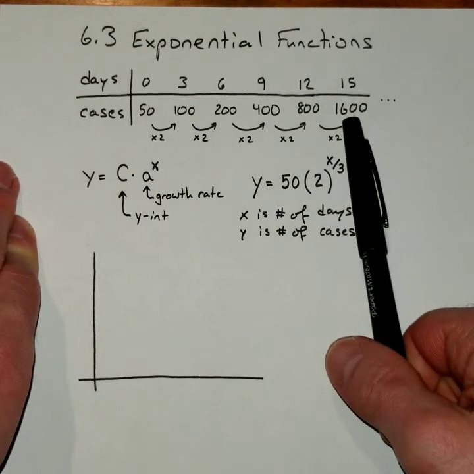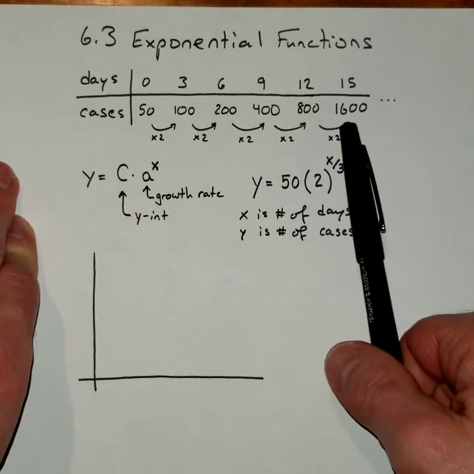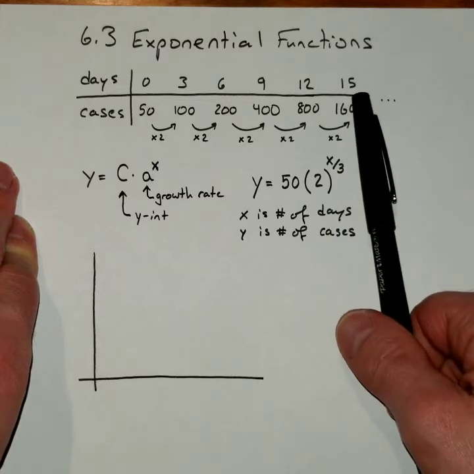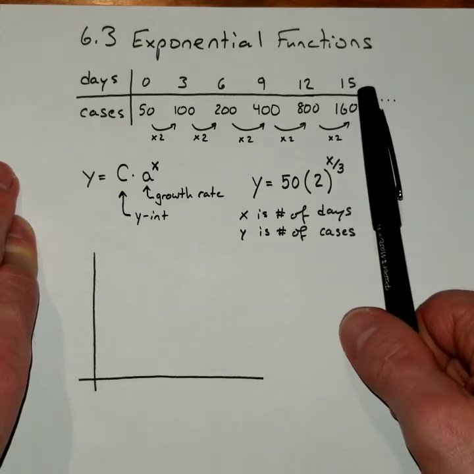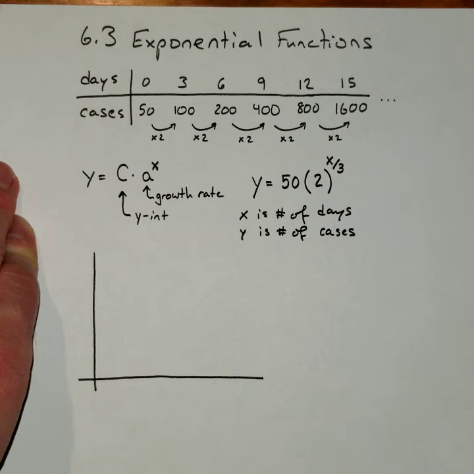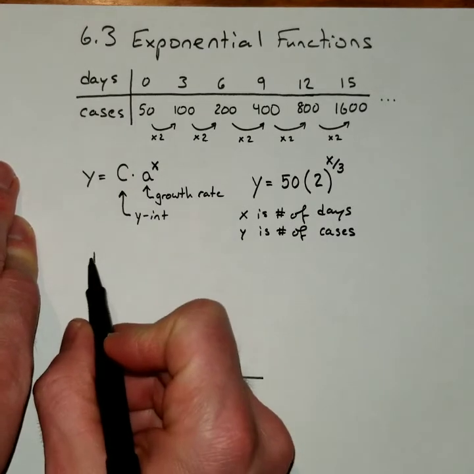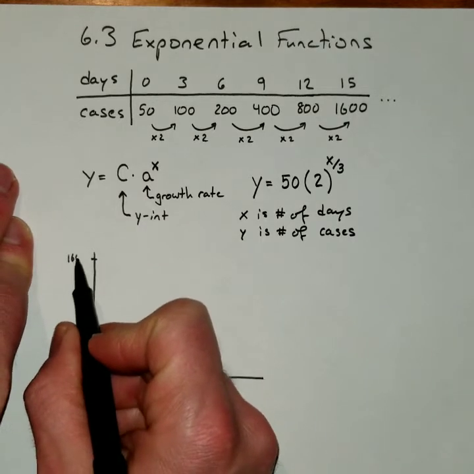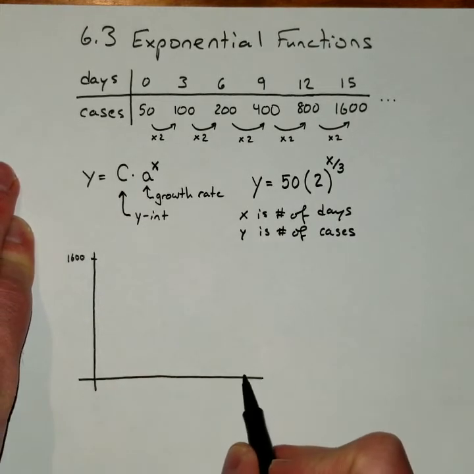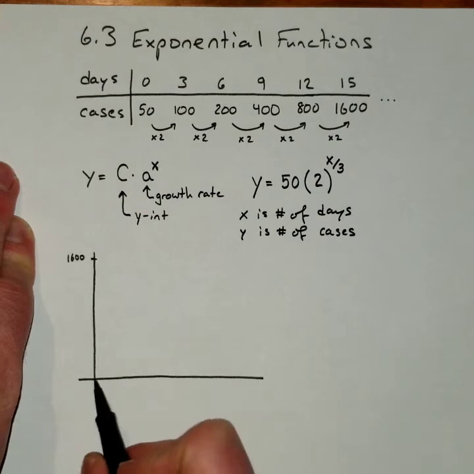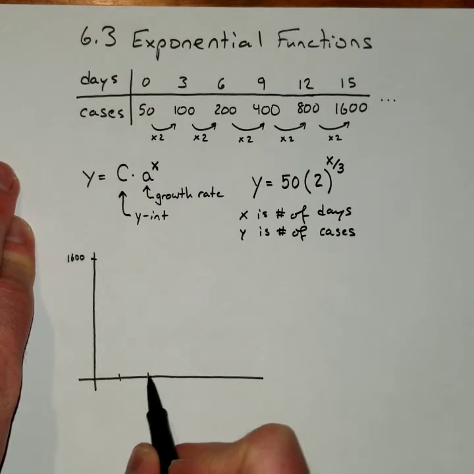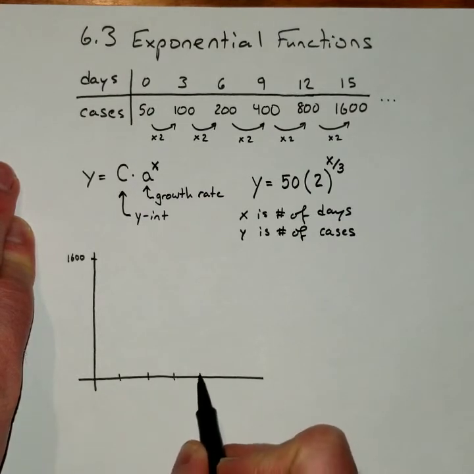Because the highest value on my table is 1600, and that occurs 15 days out, I'm going to start there and work my way backward. So let's say we had 1600 here, and that's at 15 days out. So I should have 0, 3, 6, 9, 12.